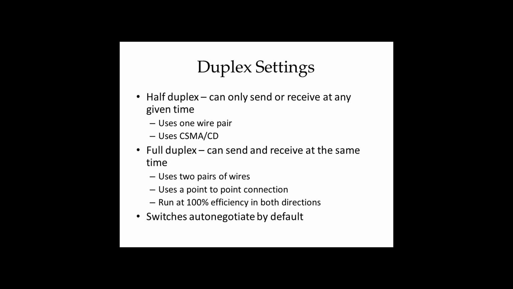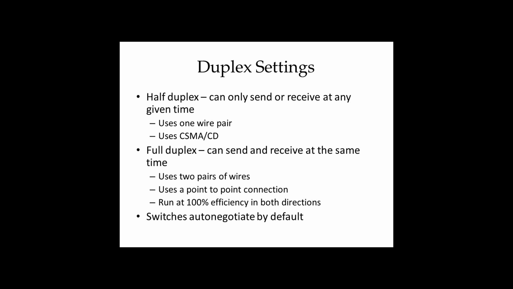Because we can send and receive at the same time, we can run at 100% efficiency in both directions, using the full bandwidth in each direction. So on a gigabit full duplex link, we can send 1 gigabit in one direction and receive 1 gigabit at the same time. I know it's crazy, but that means we ultimately have 2 gig of aggregate bandwidth.